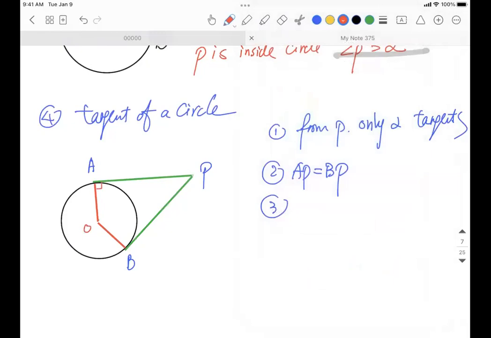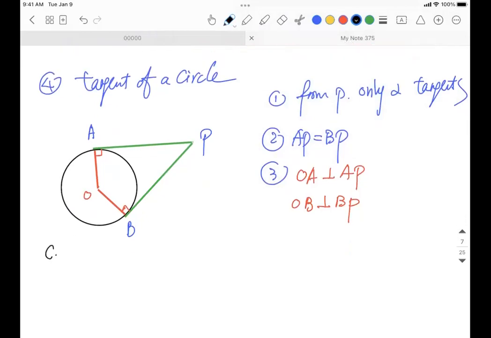OA, OB: OA is perpendicular to AP, OB is perpendicular to BP. This is something quite understandable, right? Nothing really complicated. So this is the basic stuff when you're talking about a point to a circle. A point outside a circle, you can make 2 tangents. The tangents are the same. And then if you do a connection, the 2 radii will be perpendicular to these 2 tangents. So that being said, I have my first conditional react.